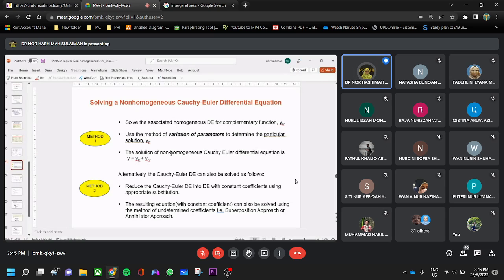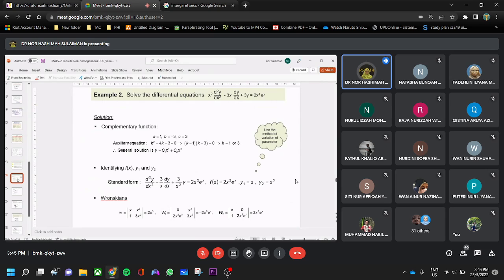So maknanya the resulting equation tu with constant coefficient boleh just selesaikan guna method of undetermined coefficient, sama ada guna superposition approach ataupun annihilator approach. Okay? Right. Right. So sekarang ni saya terangkan kaedah menggunakan variation of parameters.